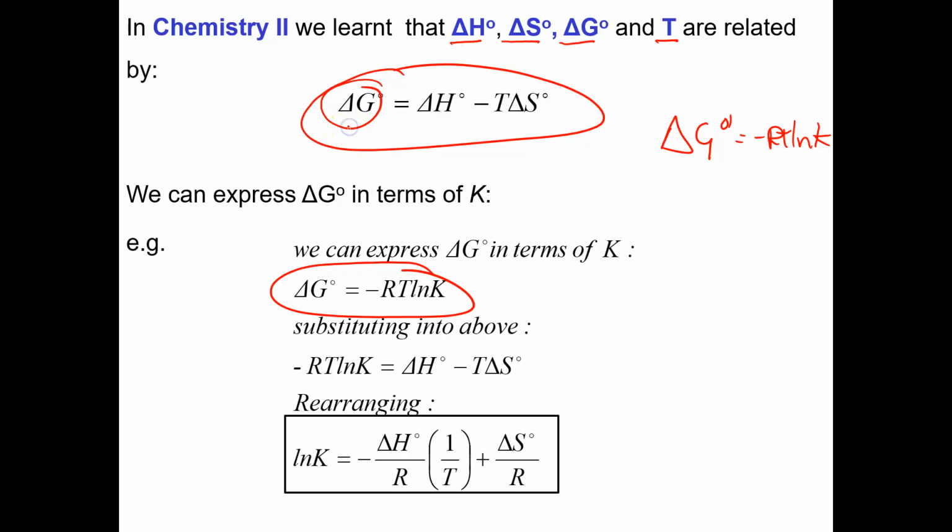That's what we're going to do here, putting that into our equation at the top. Then we can reorganize and get a form that's of y equals ax plus b, and we end up with this.